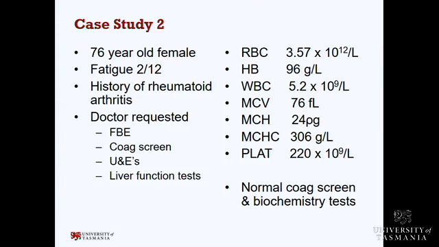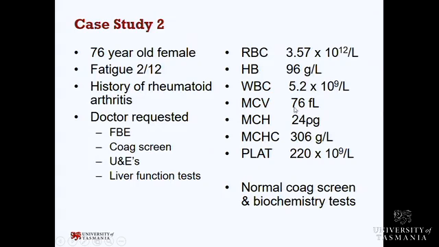So we can see here the doctor has requested a fairly standard panel of screening tests because they don't really know what's wrong with this person, so they've just done this standard panel. And we can see that everything is normal except for the FBC. So again, what's abnormal here?